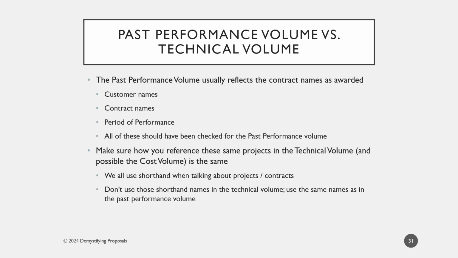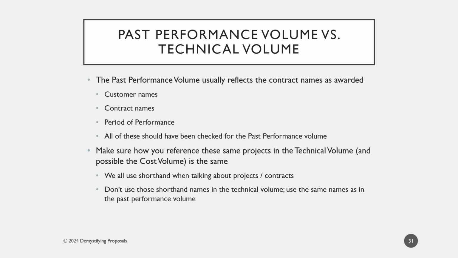So as we talked about before, the past performance volume should reflect the contract names as they were awarded, the customers' names, the contract names, the period of performance. All of these should have been checked for the past performance volume. But you also need to make sure that you check the information in the technical volume. Again, most companies have a shorthand for the projects, so they don't use the full name of the projects.